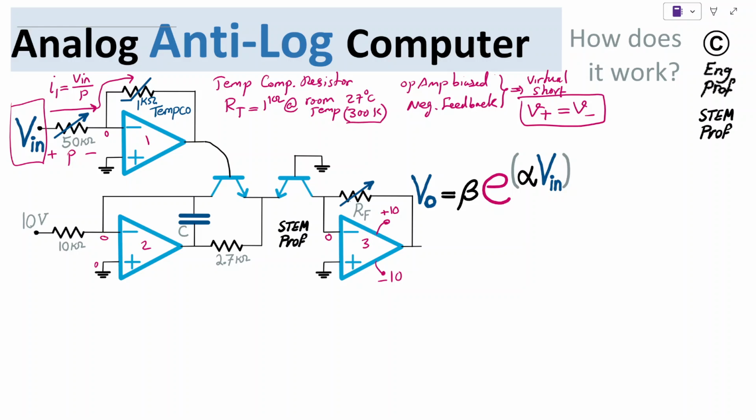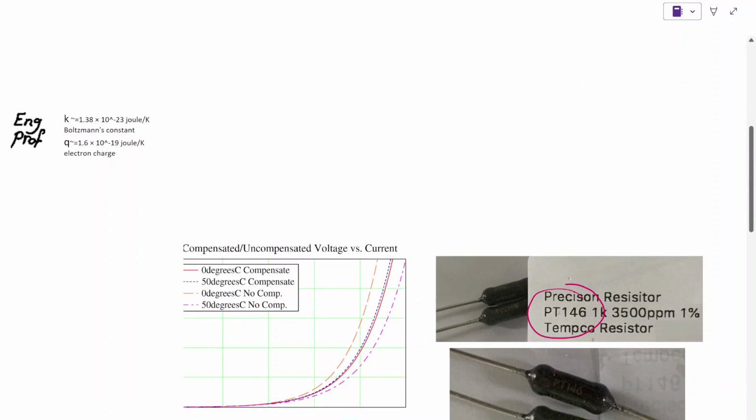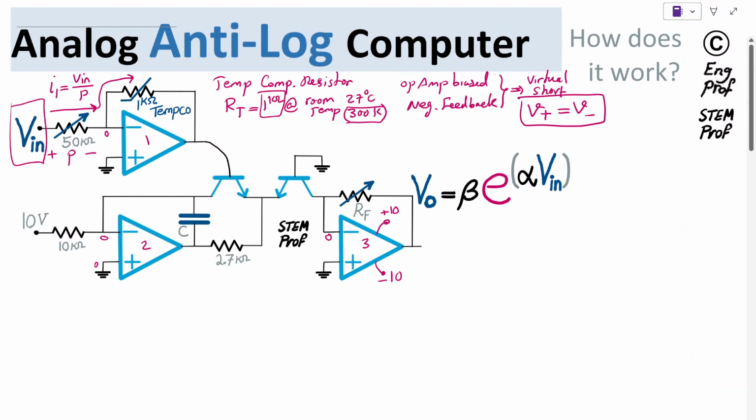So at 300 Kelvin we can assume a 1 kiloohm value of this temperature compensating resistor. I'm going to talk about it later, but for the time being, just bear in mind that I'm going to talk about PT146, which is one good example of such a temperature compensating resistor.